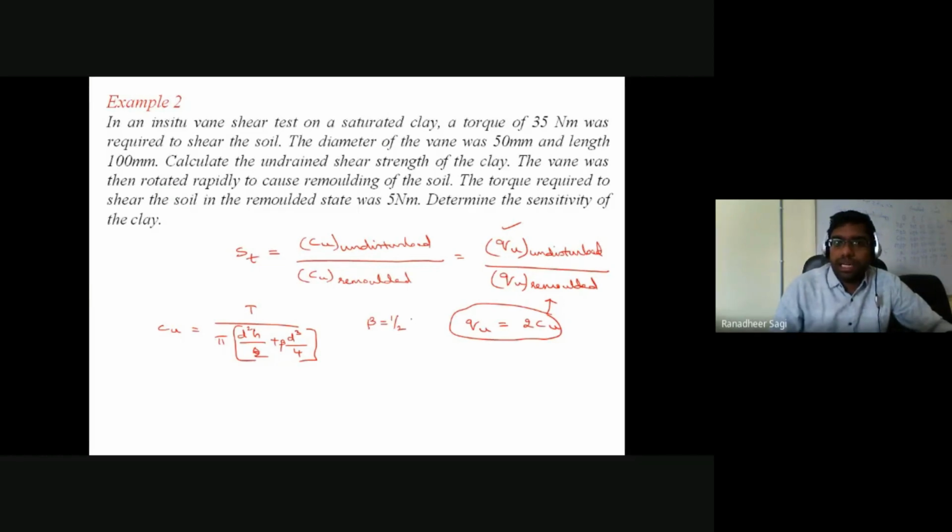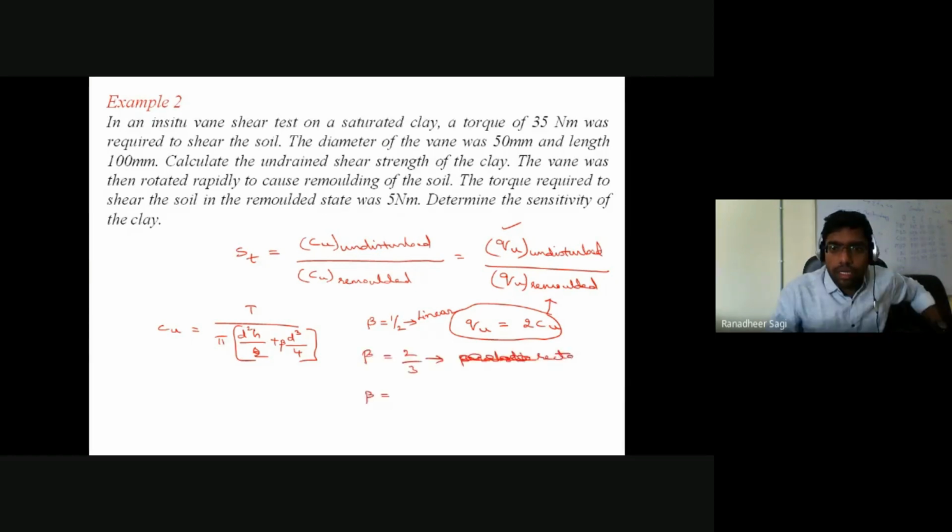Beta is considered as half in one case. If you consider a linear variation, beta is considered as 2 by 3 in case of a rectangular variation, and 5 by 3 in the case of a parabolic variation.